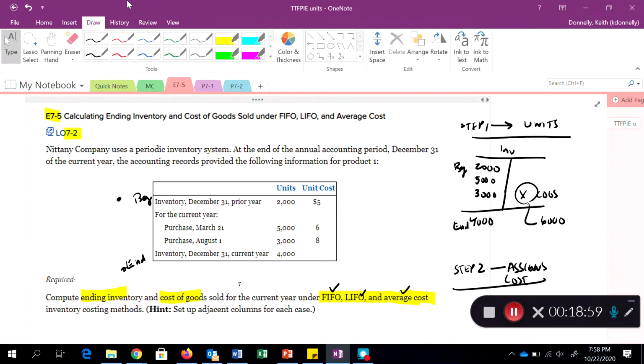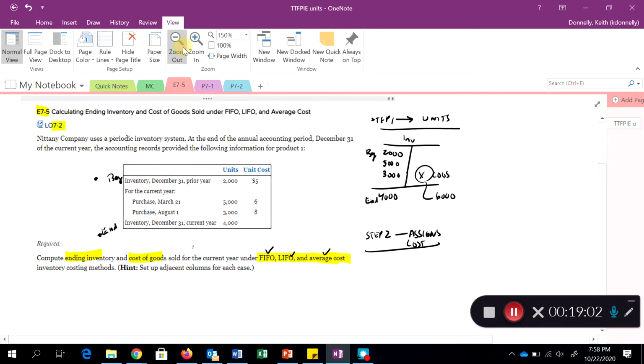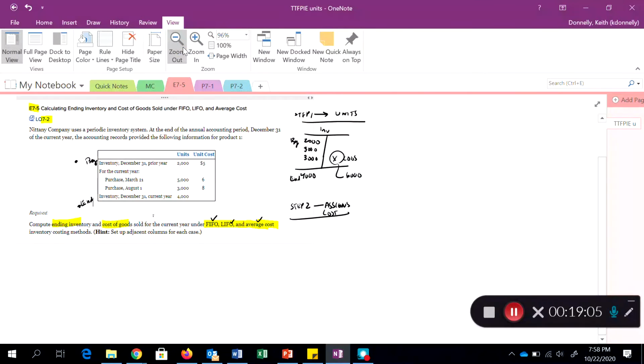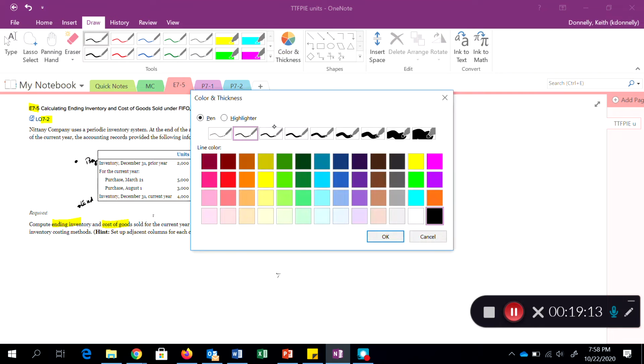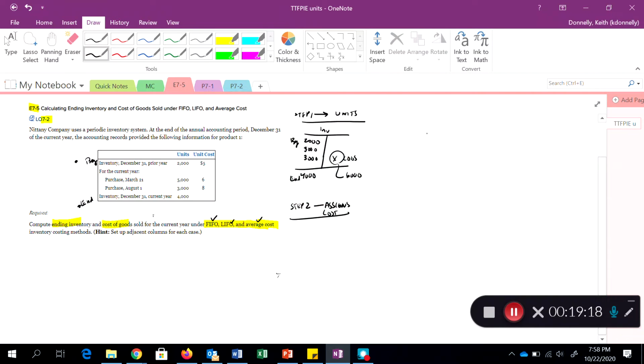Let's zoom out here. Let's do FIFO first. When we're looking at the facts here, step 2, assign costs, we know we started with 2,000 at $5 each. So that's going to be 10,000.